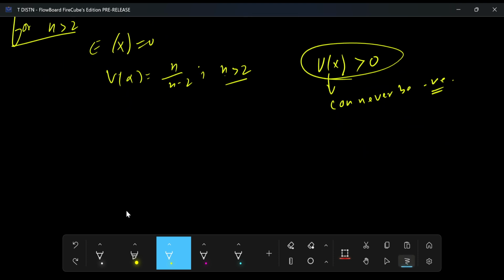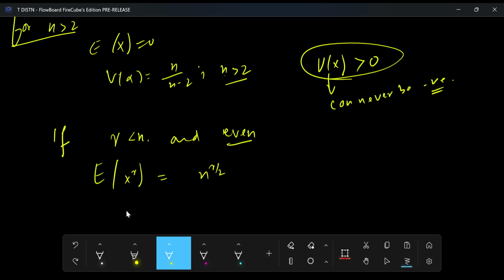Or if r is less than n, and r is even, then expectation of x to the r is equal to n to the r by 2 gamma of (r plus 1) divided by 2, gamma of (n minus r) divided by 2, whole divided by gamma 1 by 2 gamma n by 2.